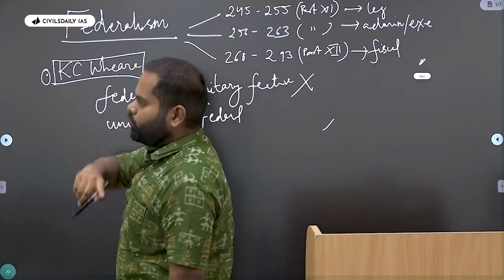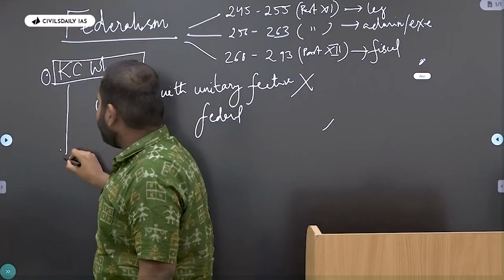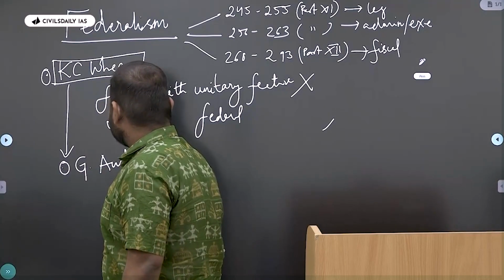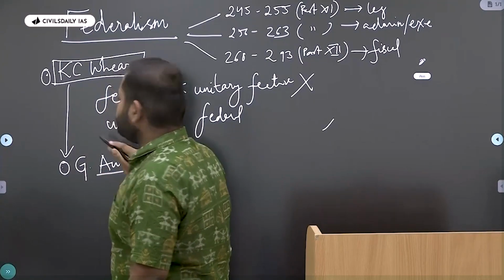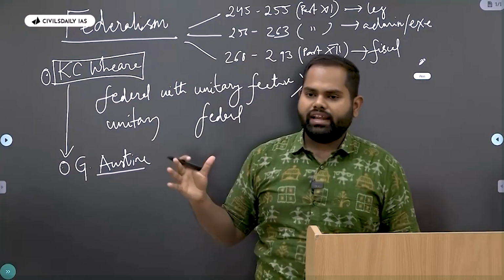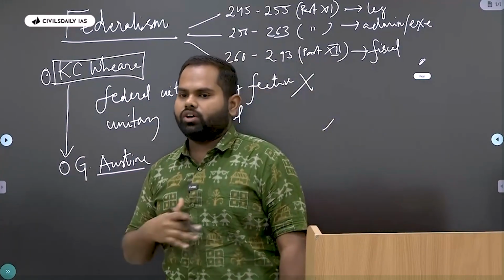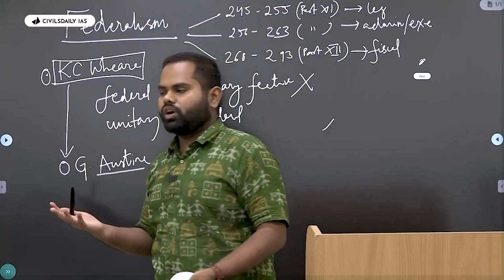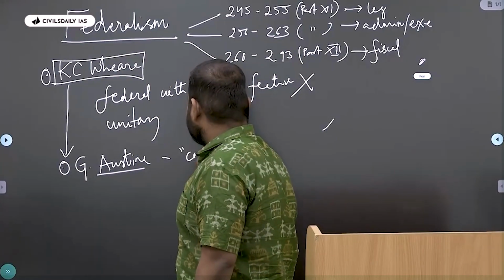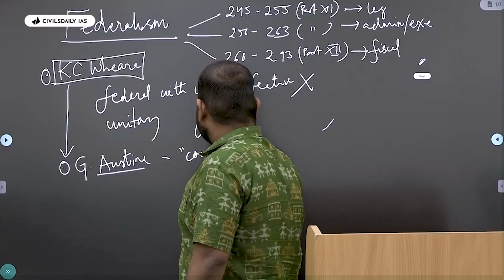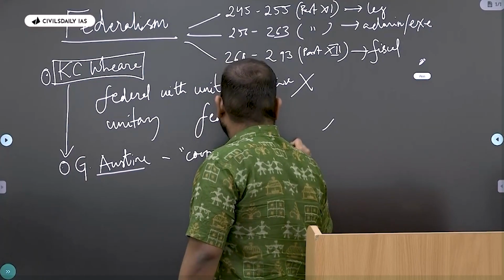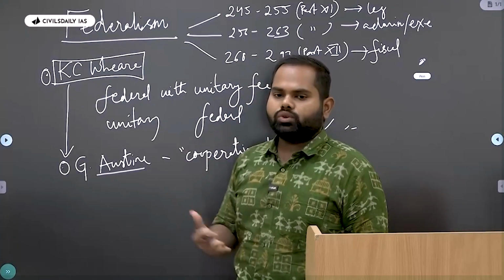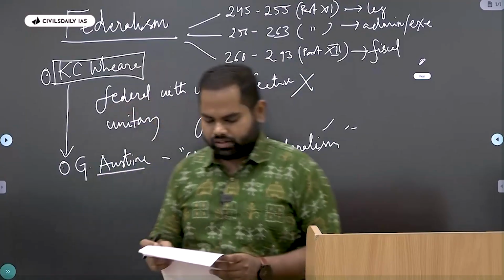But if you want to counter K.C. Wheare, we have the concept of Granville Austin, where he says that in the context of India, talking about whether it's unitary or federal does not make sense. But India has a model of cooperative federalism, which is suitable to the demands and aspirations of India in general.